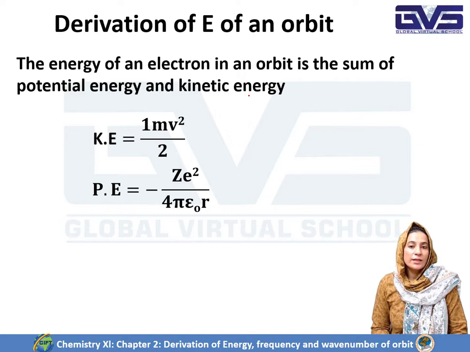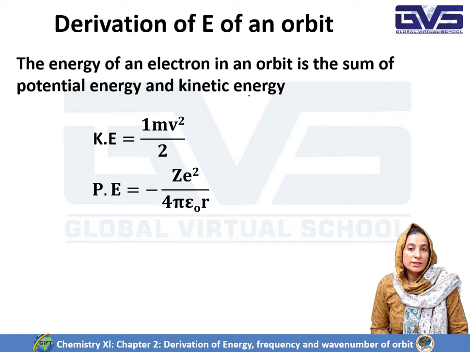And this is negative because, this is very important to understand, when the electron is out of the influence, out of the attraction of the nucleus, then it has zero energy. As it is brought to a distance r from the nucleus and comes under the influence of the nucleus, its energy reduces from 0 towards minus, because extra energy is emitted, it is under the force of attraction, and it is going to be stabilized.